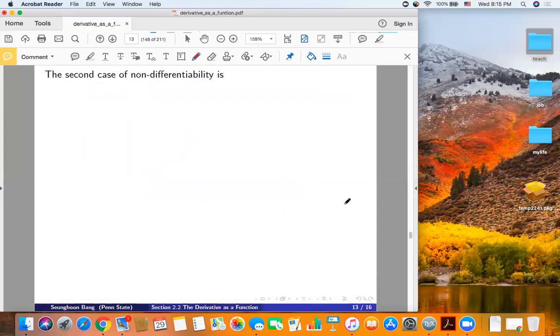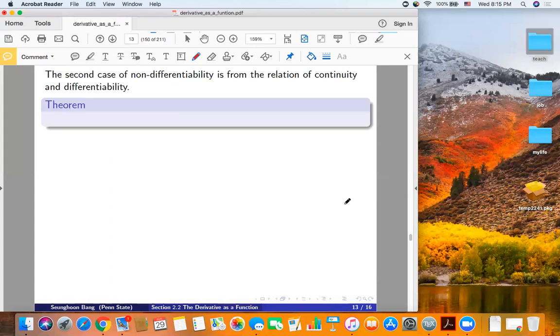Here, the second case of non-differentiability comes from the relation of continuity and differentiability. We have one important theorem: if function f is differentiable at a, then f is continuous at a.